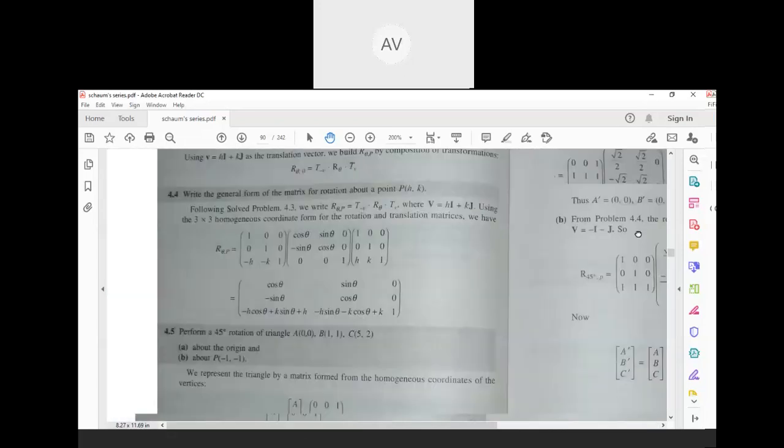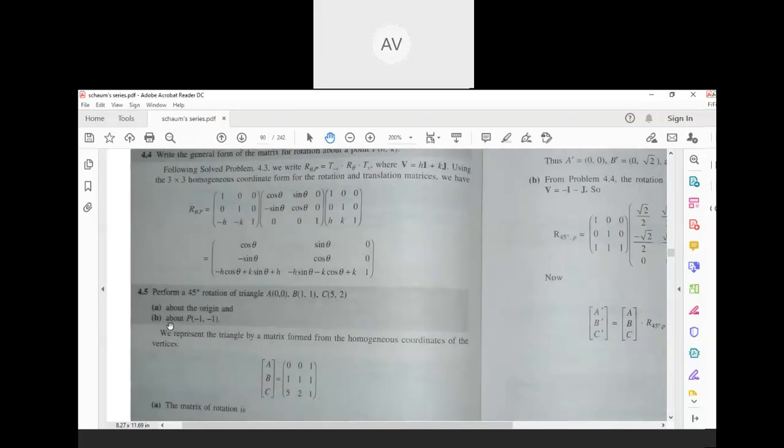So in the second case, we have to rotate the triangle about point P (-1, -1).